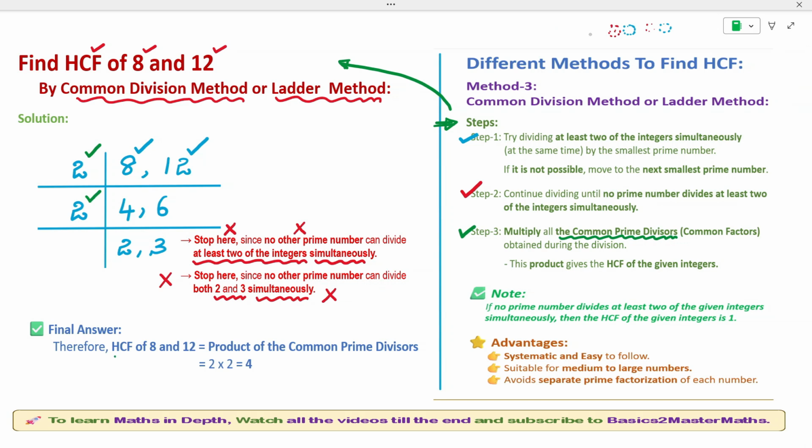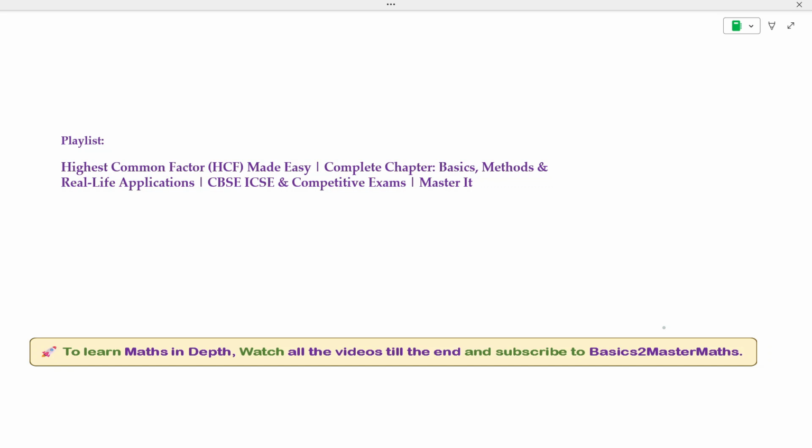Therefore, HCF of 8 and 12 equals the product of the common prime divisors. That is 2 multiplied by 2 gives you 4. Got it?